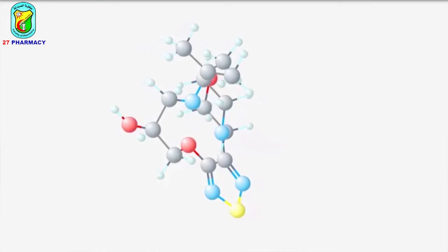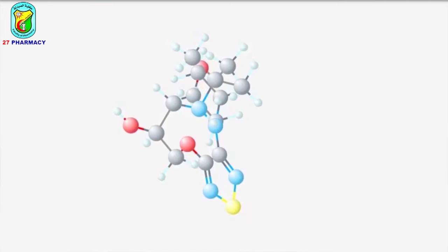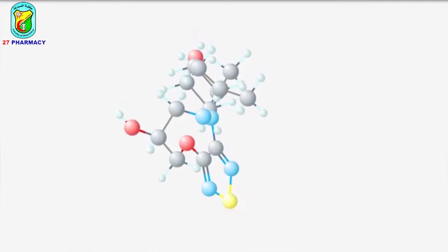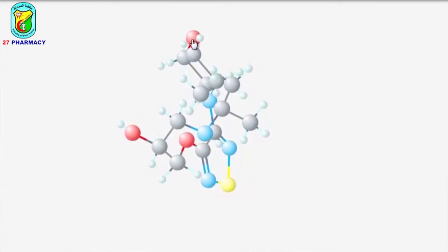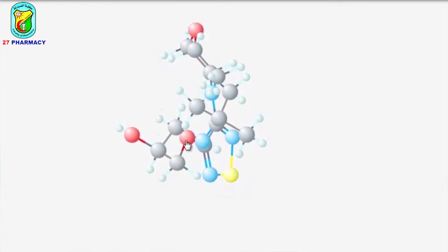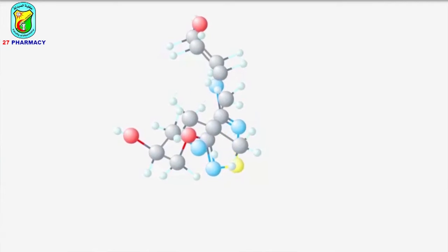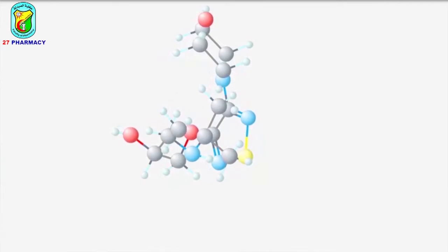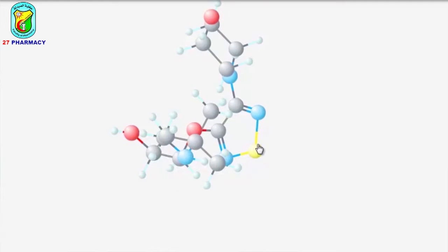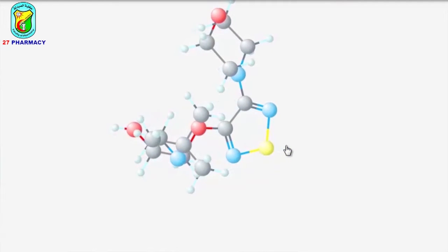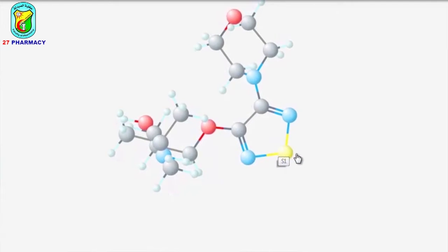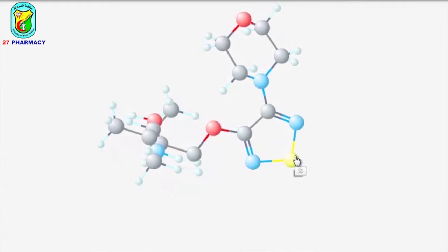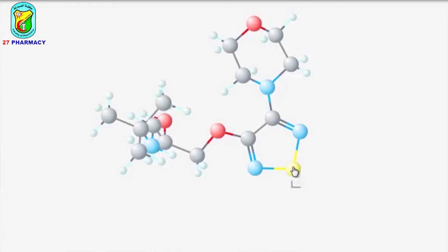Timolol has 4 atoms of nitrogen. The oxygen atoms appear in red color. Timolol has 3 atoms of oxygen, and sulfur appears in yellow color. Timolol has 1 atom of sulfur in its structure.